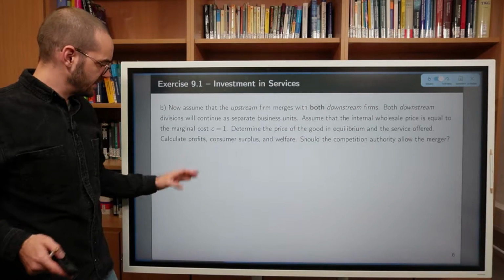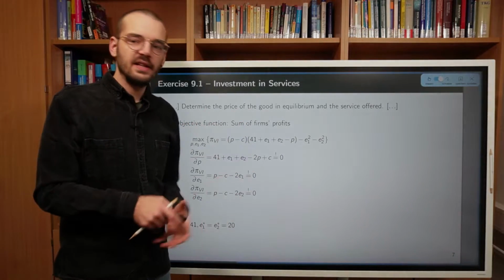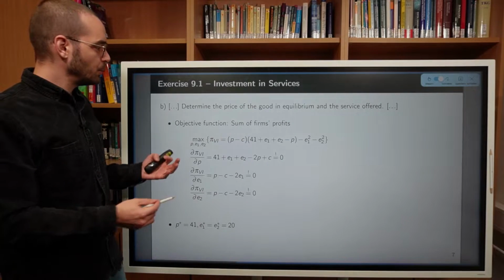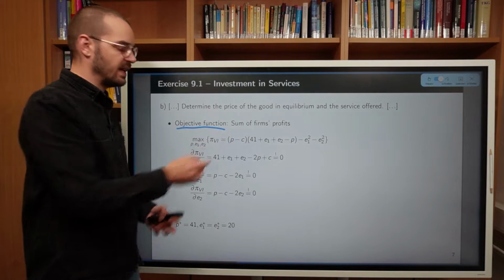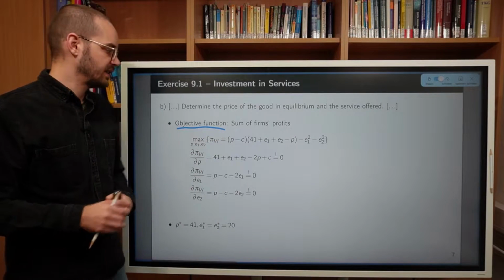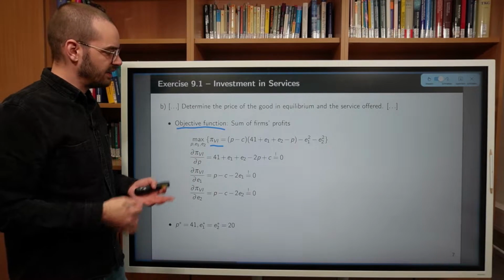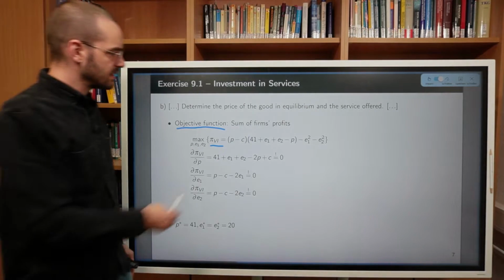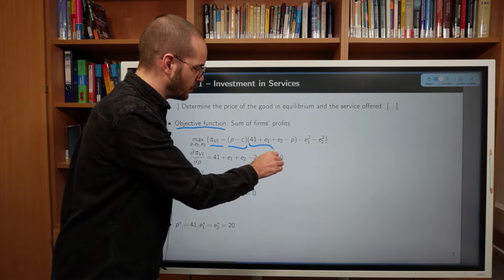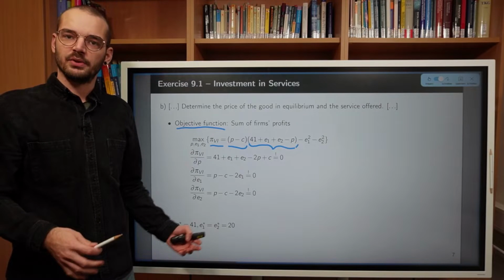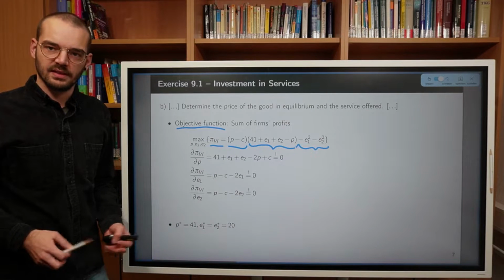All right, let's start. We are faced with a vertically integrated firm after this merger, right? So after the merger we have one single firm, and this one single firm wants to maximize the overall profits in the market. So the profit function of this vertically integrated firm, pi VI, reads the price cost margin that is earned upstream multiplied with the quantity which results from the demand function that was given in this exercise, minus the costs of investment into services.